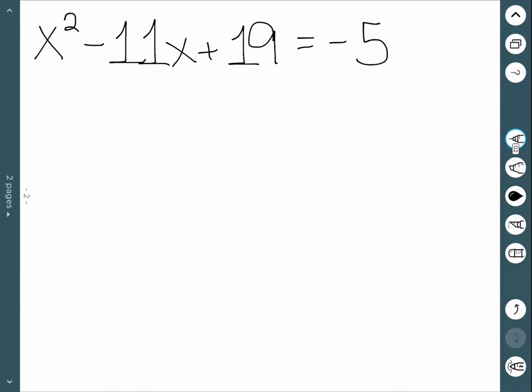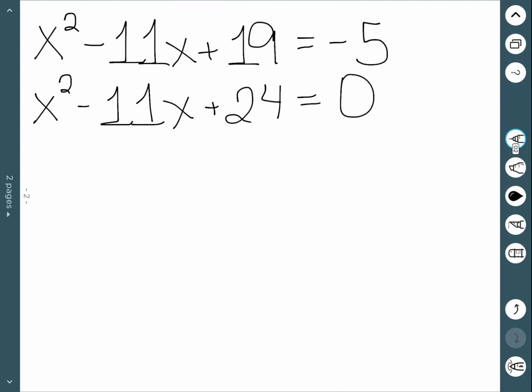It could be, but one of them could also be 1/2, and the other one could be negative 10. So we don't really know. So instead we're going to have to get the negative 5 to the other side. When we add it to both sides, 19 plus 5 is going to be 24, equal to 0. And then we can factor.